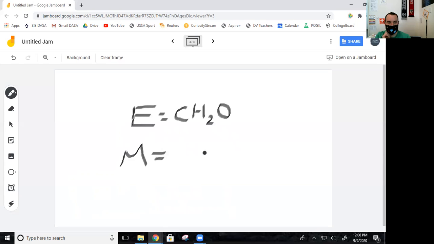Don't you have to have the ratio to do that? You do. Yep. So in this case, it could be C2H4O2, right? It could be C3H6O3. Okay? The empirical formula is just for understanding the ratio. It's really all it is.